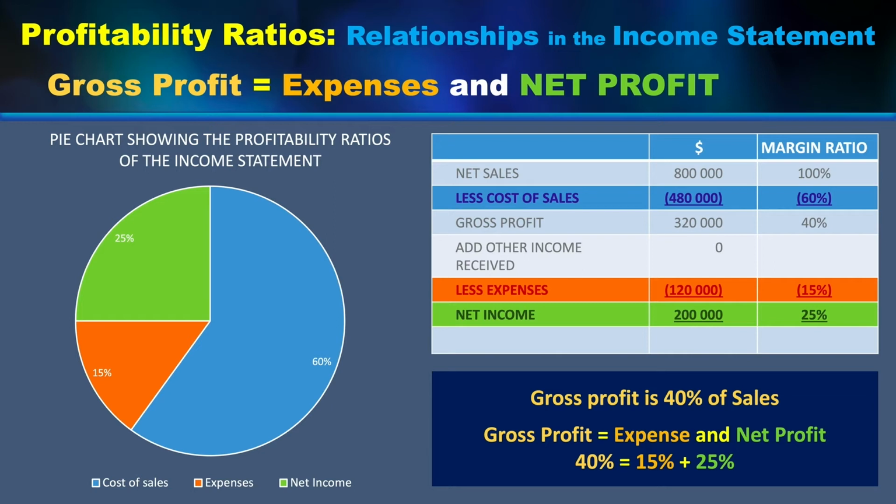But this would show users of the accounts exactly what the situation is in terms of the business and where you have to actually focus your attention to increase your profitability. And in this example, it is very clear to see that the cost that makes up the bulk of the cost that takes away from your profit would be your cost of sales rather than your expenses.